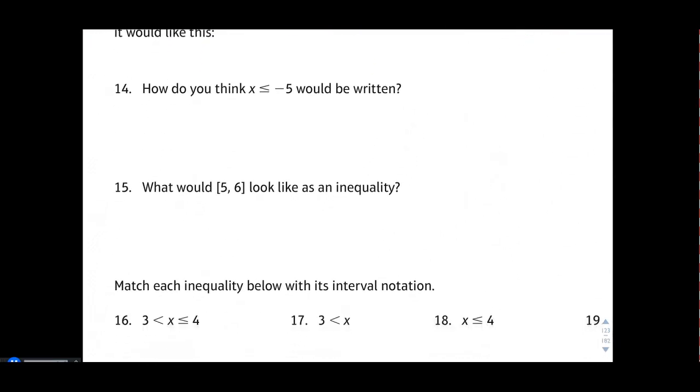Then it asks about x is less than or equal to -5. So I'm going to draw this again. I have my little number line. I have 0, I have -5, I have -10. I know that I'm going to put my dot on -5.